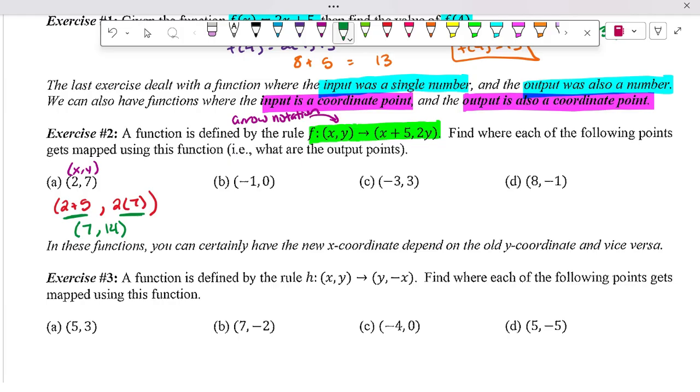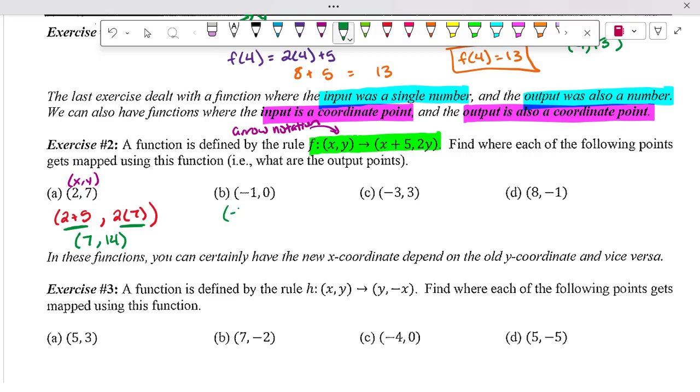All right, let's try another one. Someone walk me through the setup for letter B. So it'd be negative 1 plus 5 and what? 2 times 0. So if I evaluate these two individually, what do I get as my new point? (4, 0). Try C and D on your own. Take about 2 minutes.